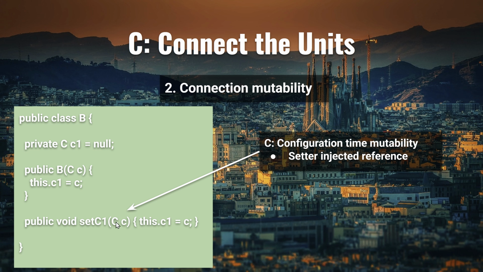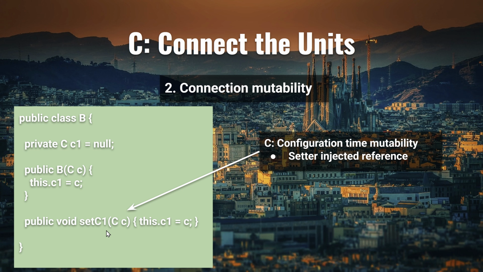This setter allows us to set a new instance of C on this B instance at any time in the lifetime of B in which we want to call this method. And as you can see, it sets this C1 reference here to the new C. We also have creation time mutability here, so we can specify C at creation time, but also later at configuration time.